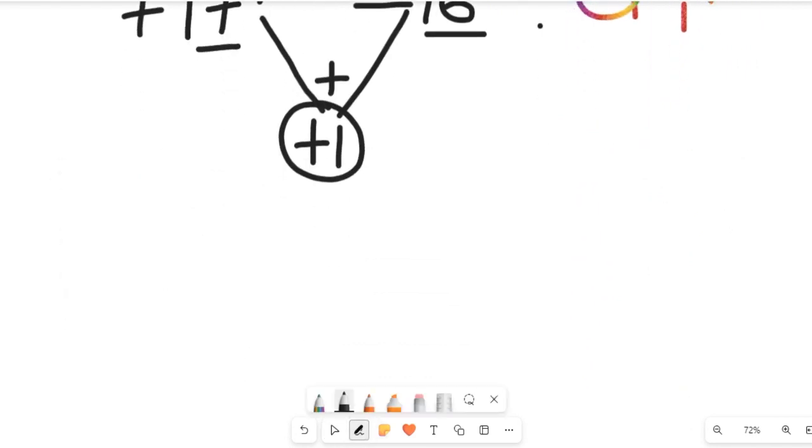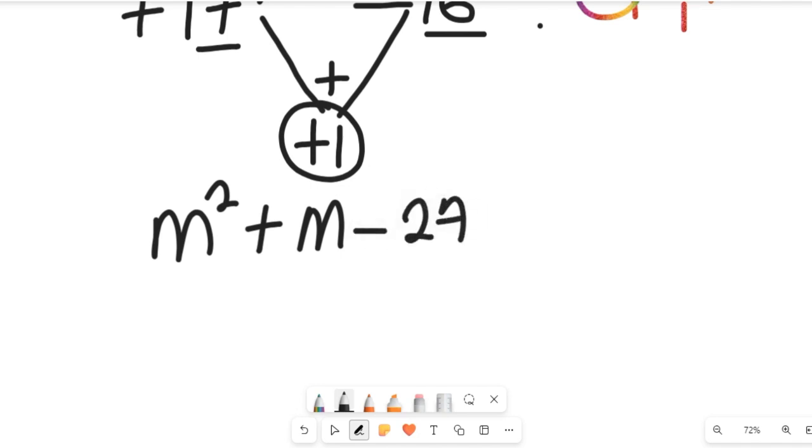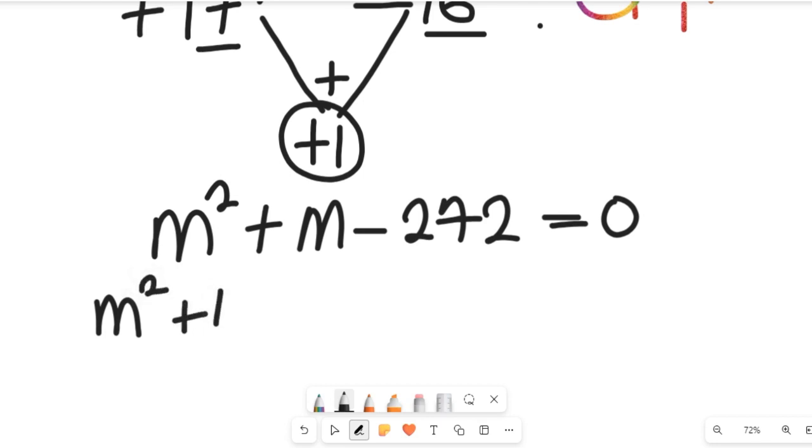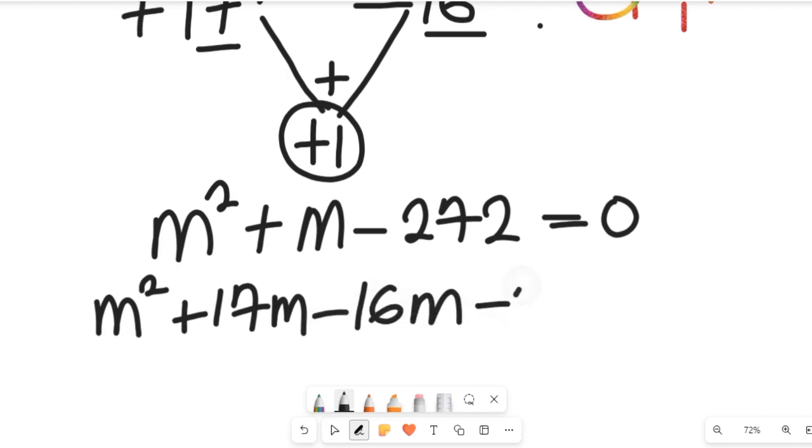So let's find the solution. We have m squared plus m minus 272 equal to 0. So we'll have m squared plus 17m minus 16m minus 272, and this will be equal to 0.